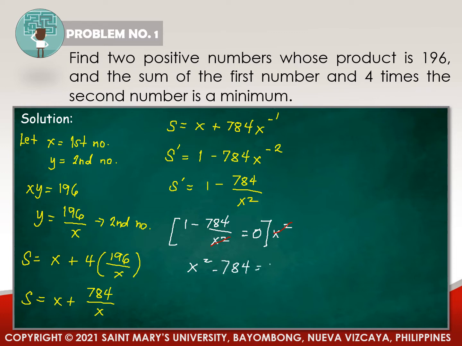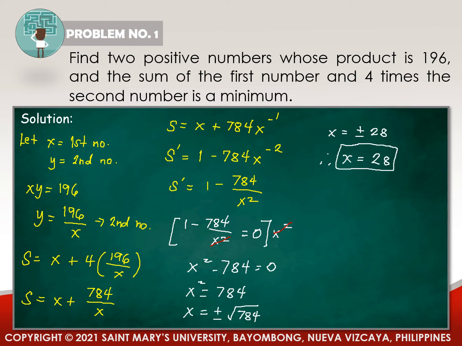Then 0 times x squared is 0. Then solve for x. We have x squared equals positive 784. Then extract the square root. So we have x equals positive negative square root of 784. And we know that the square root of 784 is what? Positive negative 28. Okay, but we are talking of positive numbers, sabi sa problem. So therefore, ang x natin is positive 28.